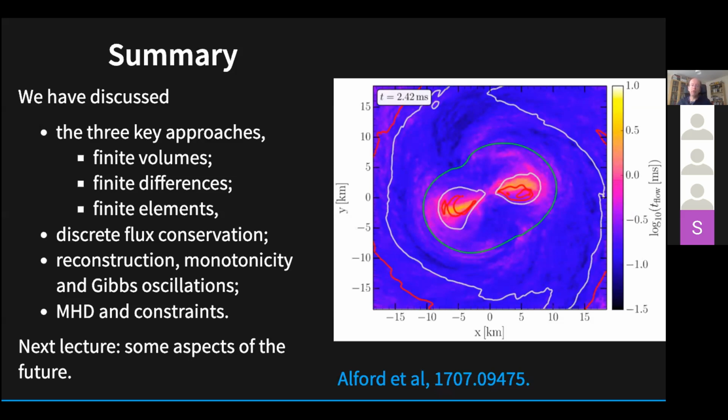At the moment, the highest resolution simulation that I know of is from about 4 years back by the Japanese group led by Kyuchi, where they evolved the post-merger remnant in full MHD with a grid cell size of 12.5 meters. So that's right on the edge of the point where diffusive terms start to become important.